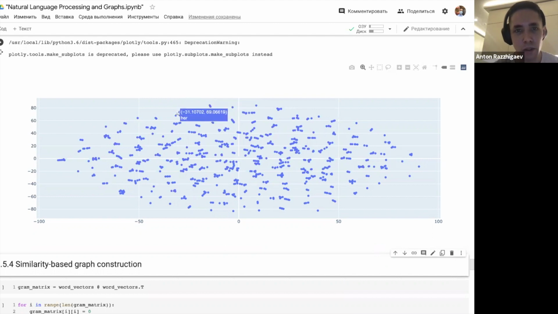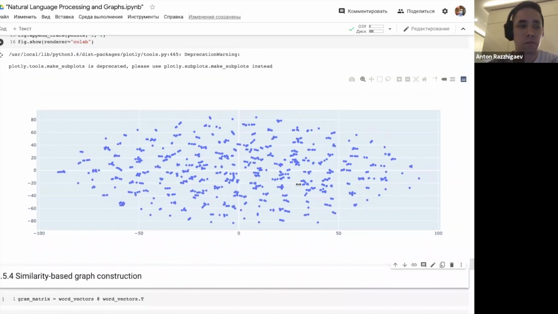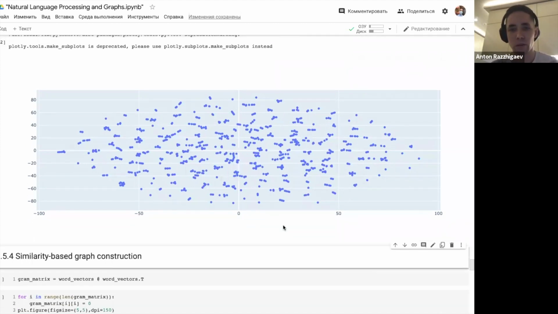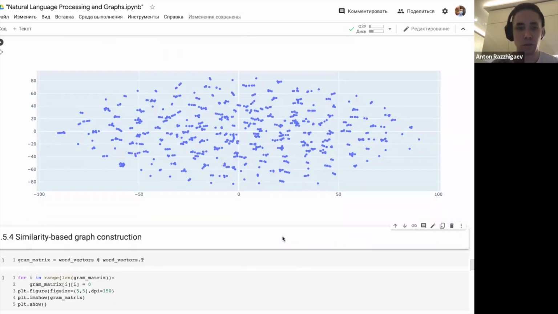Sister, wife, mother, lady, her, miss. Quite interesting. We can see that using word vectors, such kind of semantic vector space of words, we can map them on a two-dimensional surface and observe the relations of words on just an image.